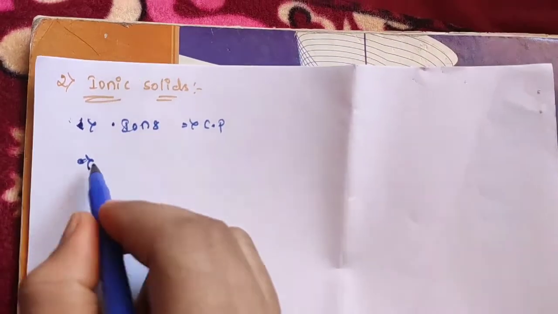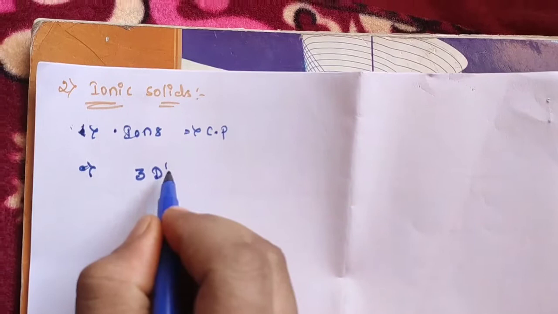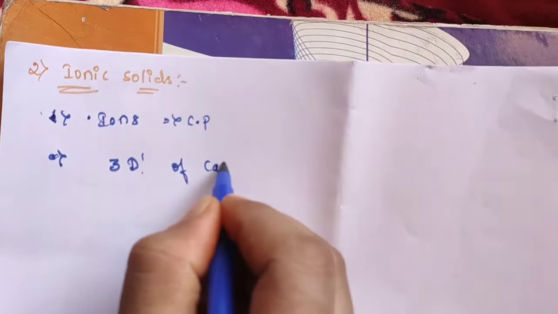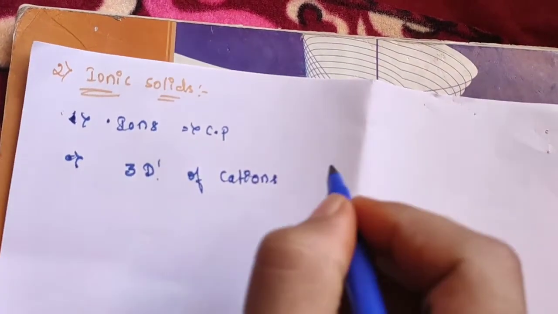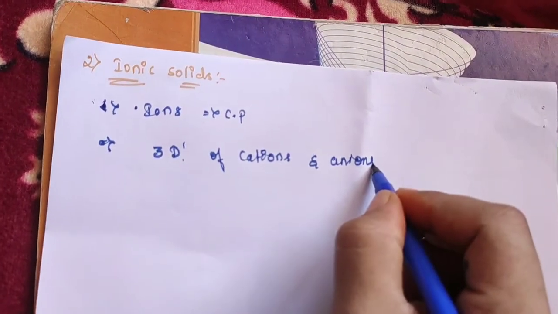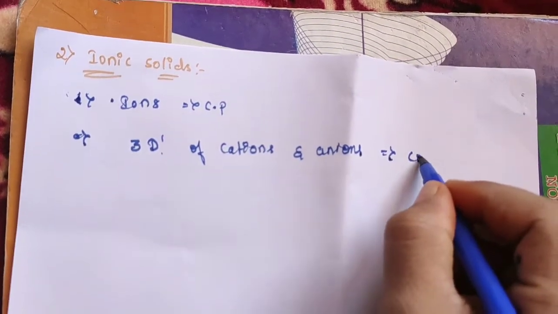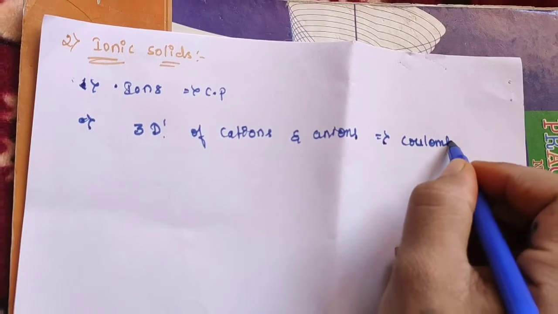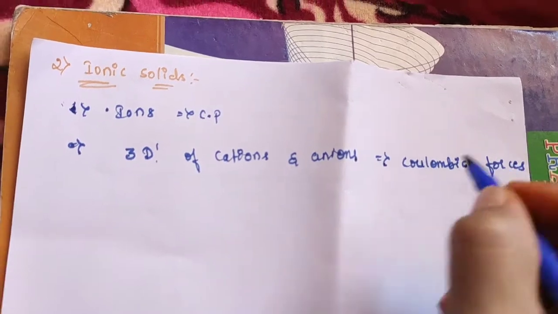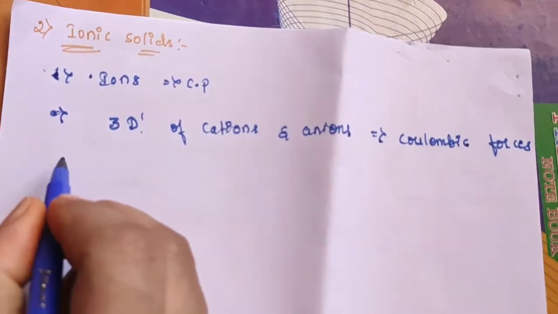Such solids are formed by the three-dimensional arrangement of cations and anions, bound by strong Coulombic forces, or you can call them electrostatic forces.